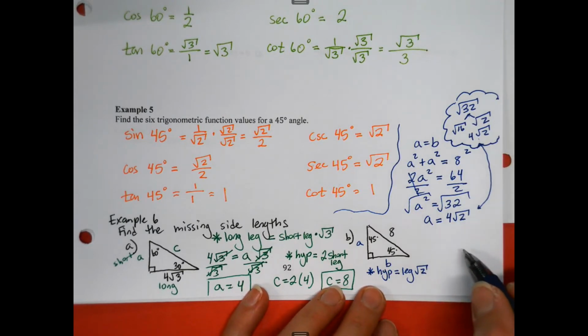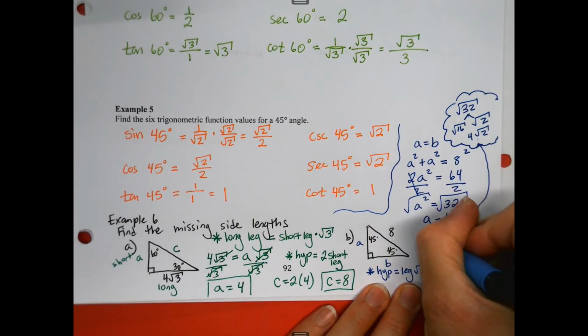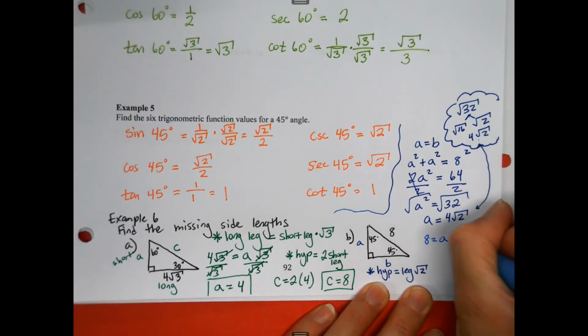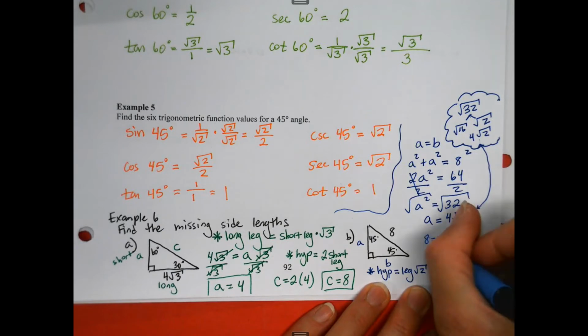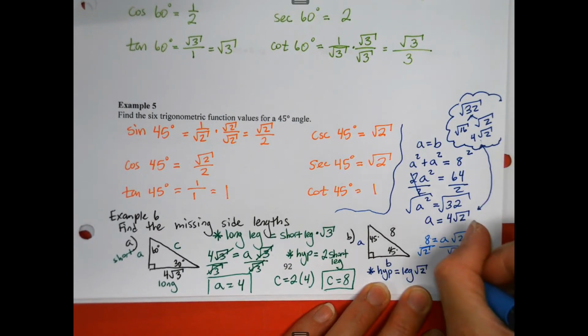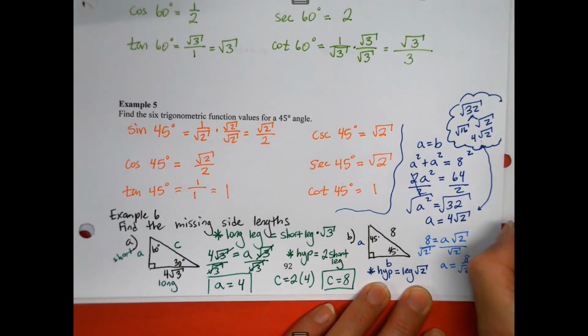Or the other way you could have done this is you could have said, we know that our hypotenuse of 8 is equal to a leg times the square root of 2. And then you could divide both sides by the square root of 2. So A is equal to 8 over the square root of 2. And then you have to rationalize.